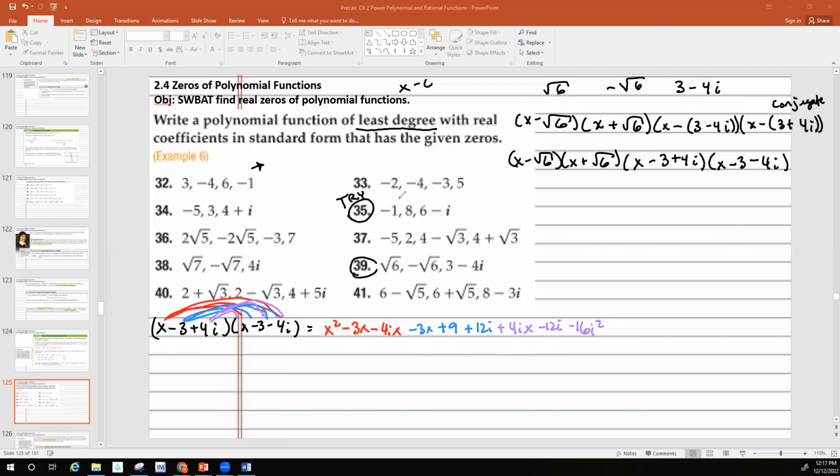Ooh, that's a lot. All right. Now we want to combine like terms, but remember this i squared is the same as negative 1. So this is negative 16 times negative 1. It's going to give us positive 16. Okay.